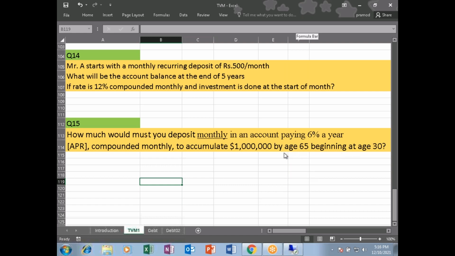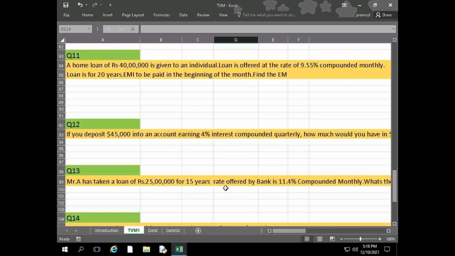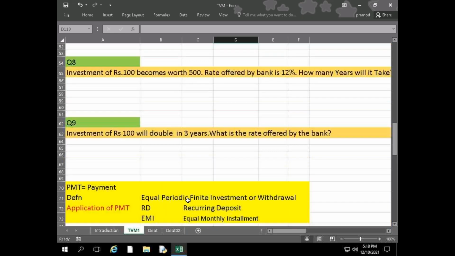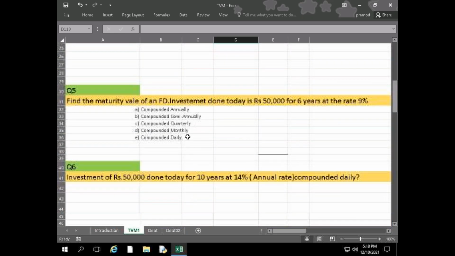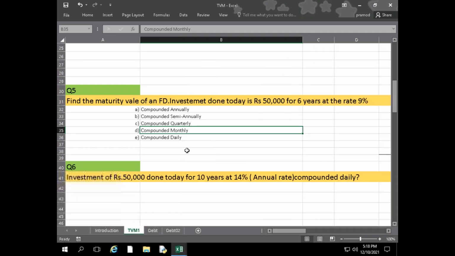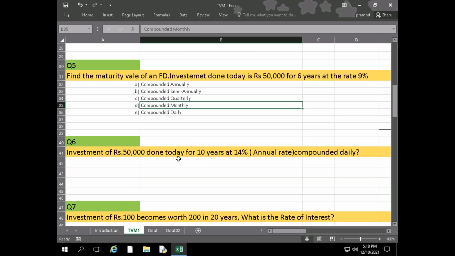So it is future value we should calculate. It starts from age 30, and it is compounded monthly. The chart I have shown you, you need to use that chart: compounded annually, compounded monthly. You need to select these things and give the same divided formula.